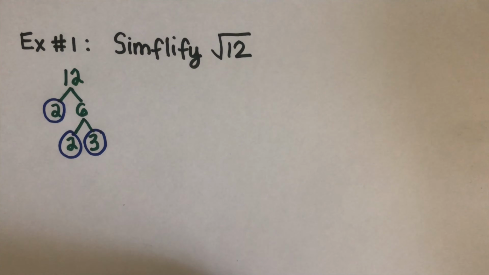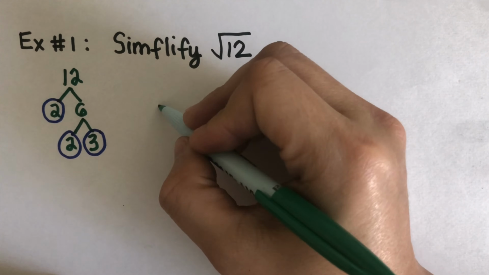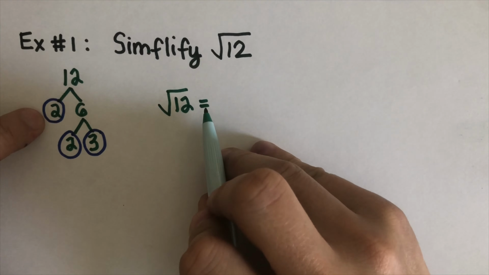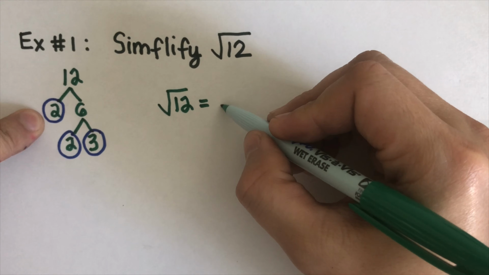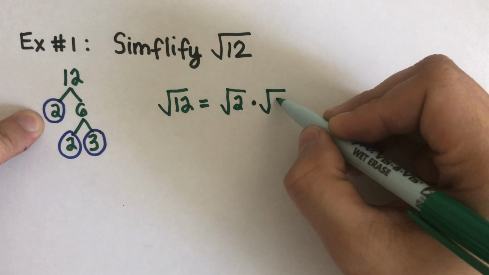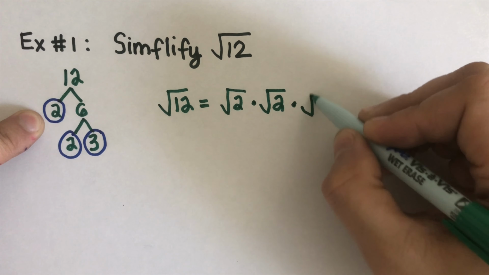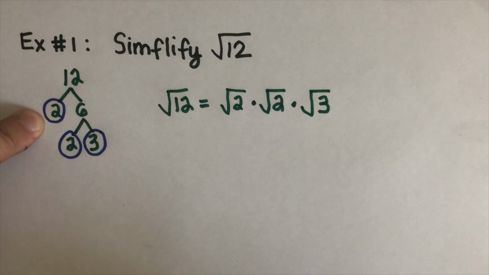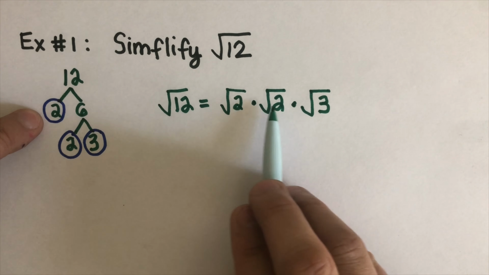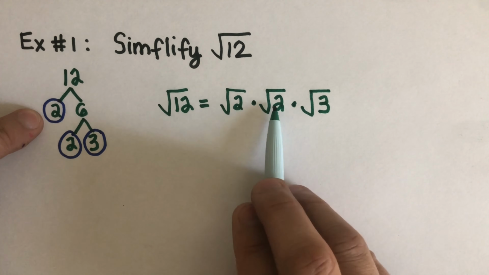What I'm going to do now is write the square root of 12. That is equal to the prime factors, but I put a square root on each: the square root of 2 times the square root of 2 times the square root of 3. Then I simplify by partnering them up. Those that are the same become a partner.